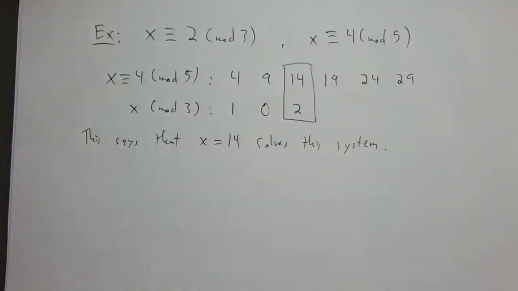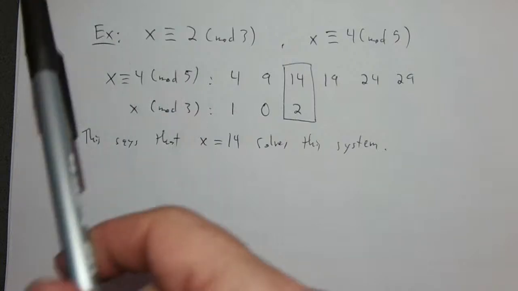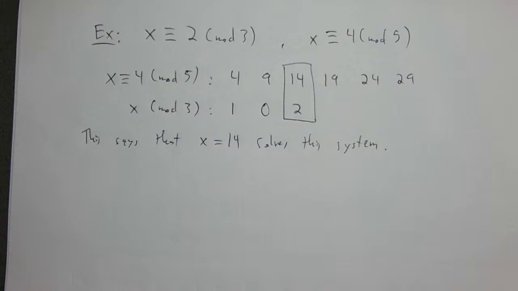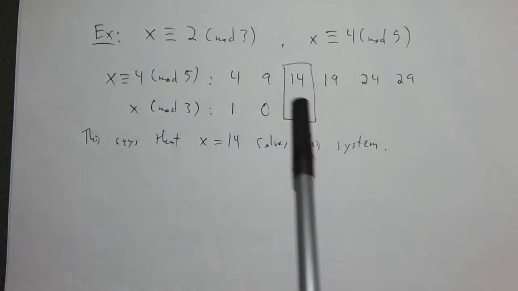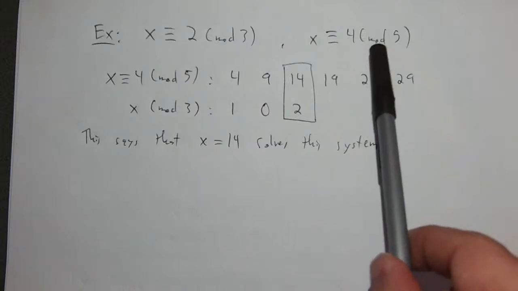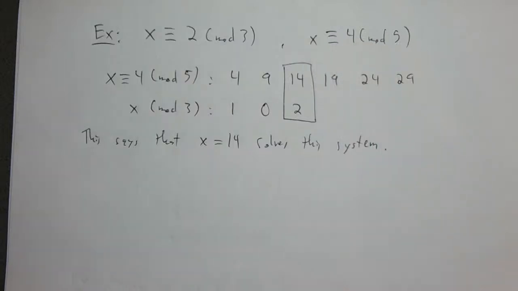Why does it say that? Well, if I'm looking for an x that is congruent to 2 mod 3 and 4 mod 5, this first line is me listing out positive integers that are congruent to 4 mod 5. So any integer in this first line satisfies the right congruence.